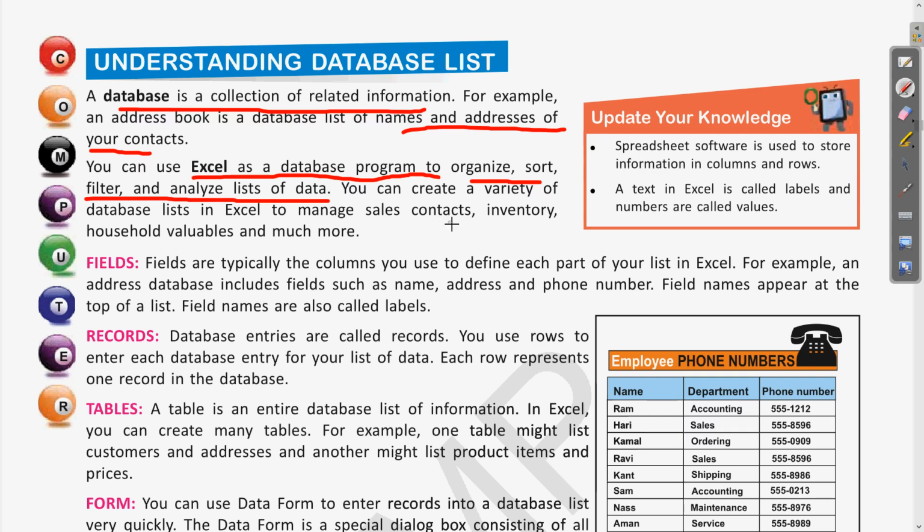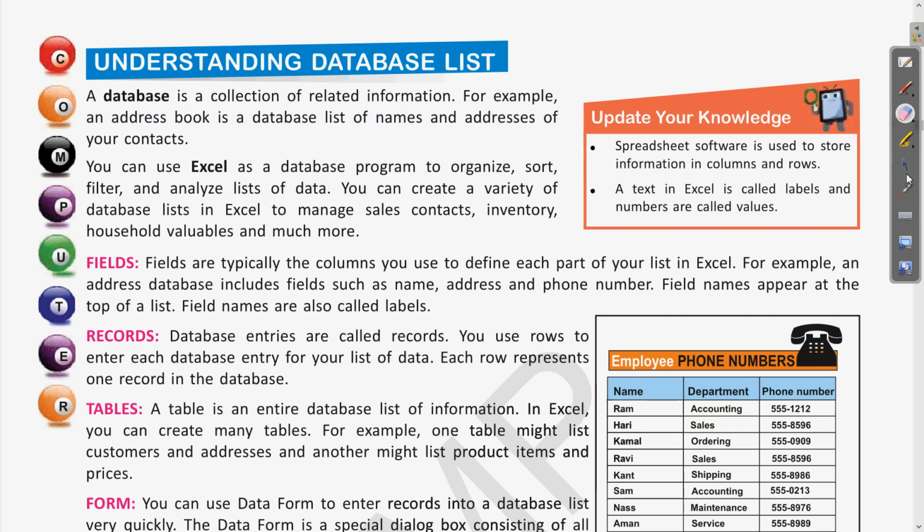It can be used for keeping inventory, household essentials, and we can manage various other databases like sales for a firm or a company. So the database can be used for multi-purpose tasks and for managing different types of bigger information. Then we have seen the concept of field, record and table.